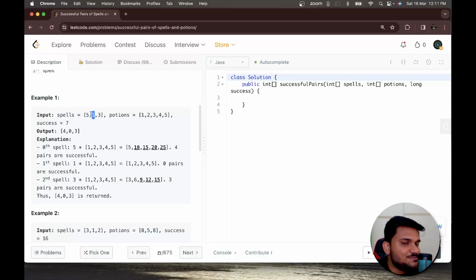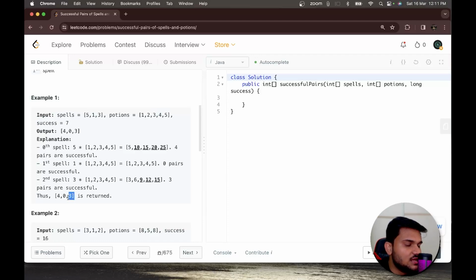Now for the second spell, there is no potion with which the pair can be greater than the success value. So 0 for 1. For this particular spell, there are 3 potions for which if you form a pair, it will have a success value greater than 7.